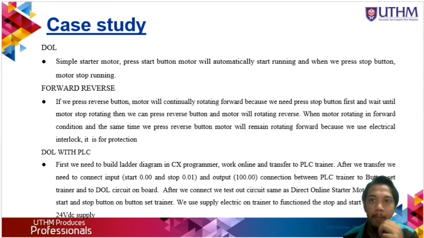To make the motor go from forward to reverse, we need to press the stop button first. After the motor stops rotating forward, we press the reverse button next, and the motor will rotate in reverse. And to continue this step, we need to press the stop button again.